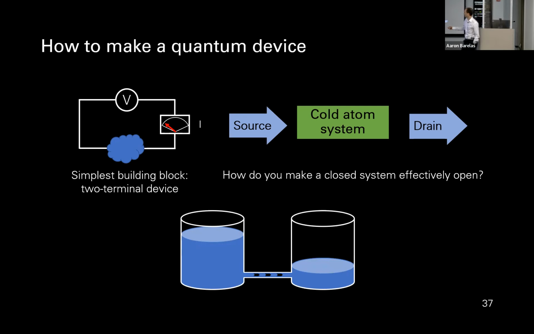If I'm shaping my system such that the system of interest is much smaller than 2 reservoirs that are connected to it at 2 extremities, I could imagine a simple experiment where I'm populating one reservoir with more atoms than the other one, and then letting atoms flow from one side to the other, look by imaging after a fixed evolution time how many atoms have been transferred, and essentially infer some transport coefficients such as conductance.